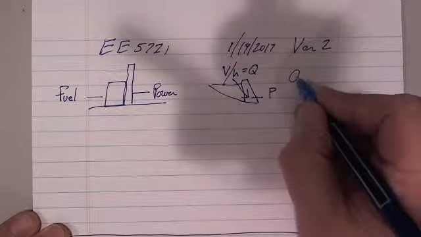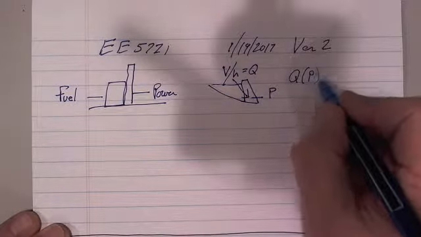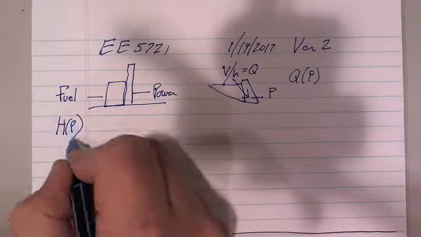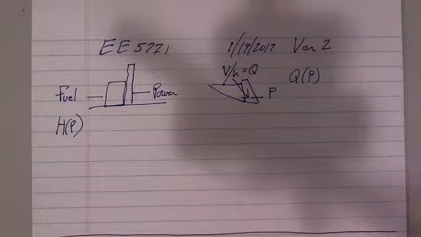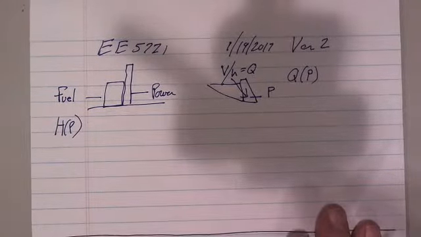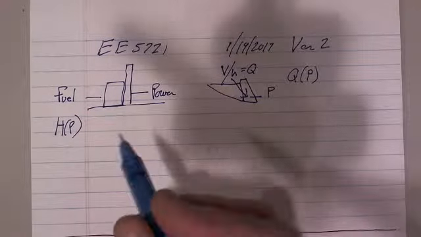So we have Q of P, and here we have a certain H of P. But it's very similar, although for hydro plants we need a lot of other details going along with it.